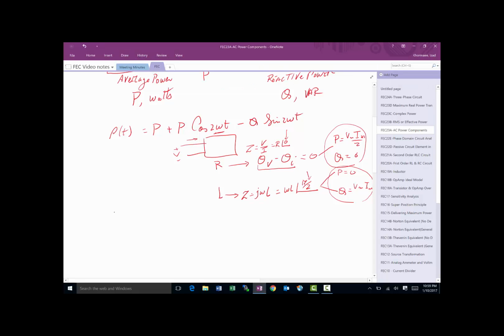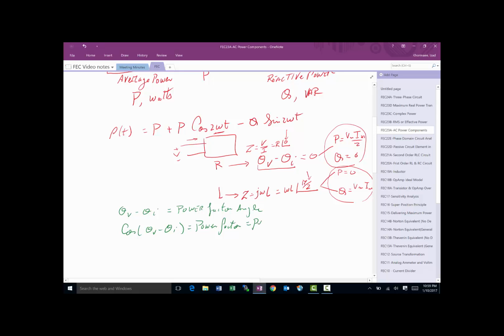Okay, so theta V minus theta I is referred to as the power angle, or power factor angle. What most people use is the cosine of this value, cosine of theta V minus theta I, which is referred to as the power factor.